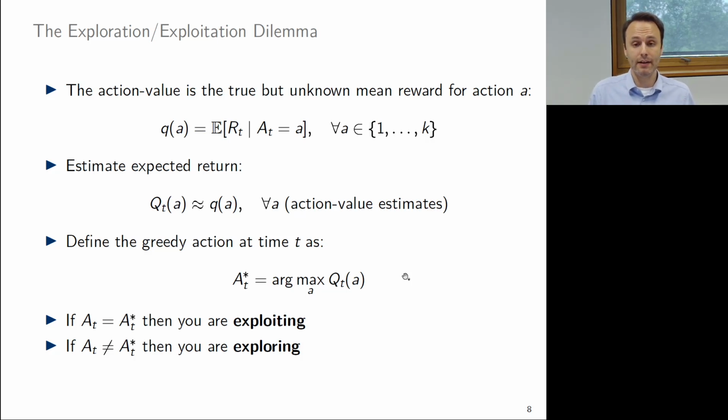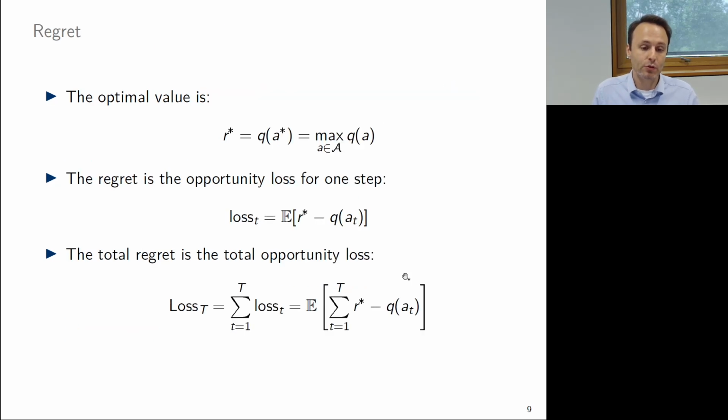That's the greedy strategy. Then we are not exploring. We are always just taking the best arm, and we have no possibility to learn about the performance of the other arms. So we need to also explore a little bit. But if we do explore, then we incur a loss. So this loss is known as regret.